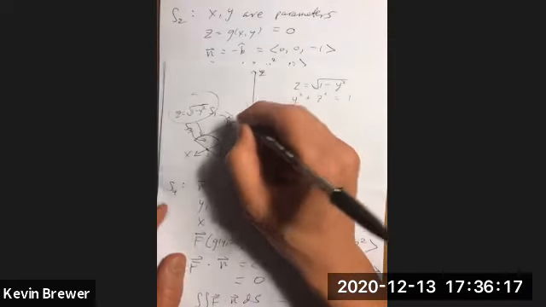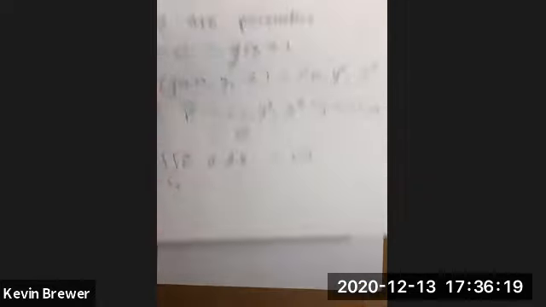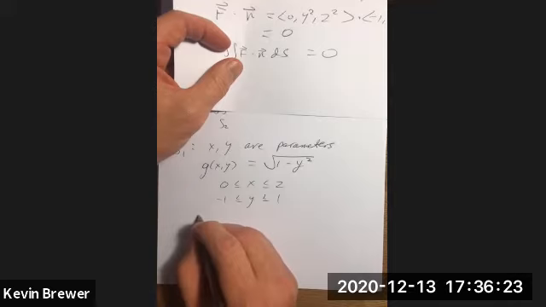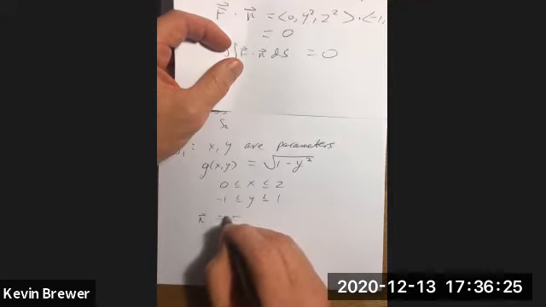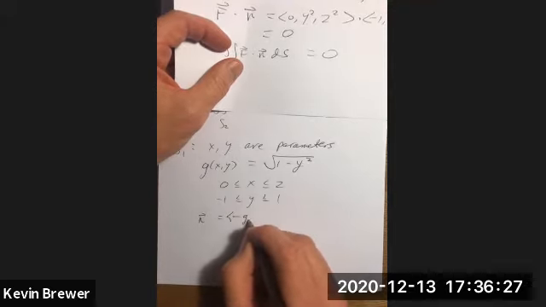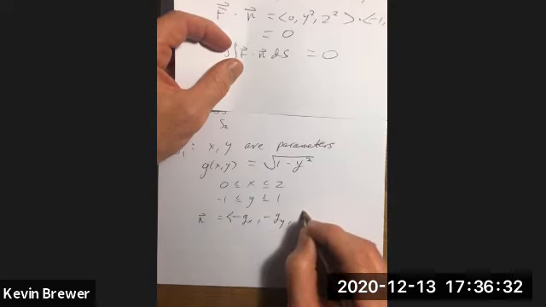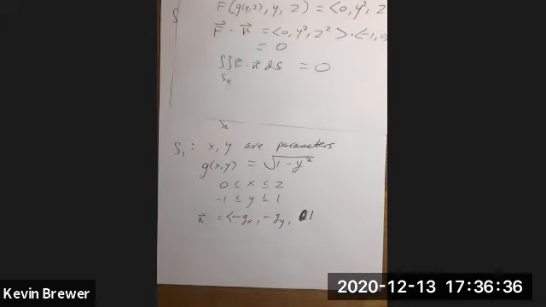Okay, and we want upward orientation here. So upward orientation is n equal to minus g sub x, minus g sub y, 1. Oops, I'm sorry, 1. Get rid of that.